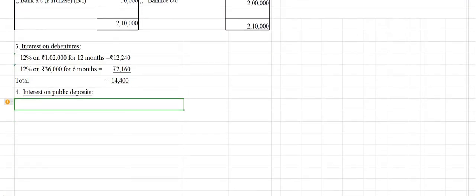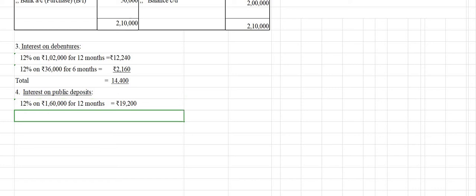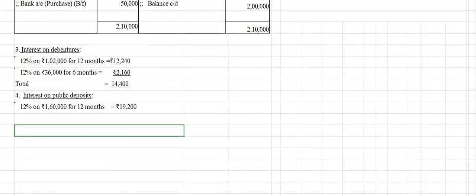So 1,60,000 into 12% for full year. That means 1,60,000 into 12 by 100 for 12 months, that means full year, 19,200. So that is regarding interest.